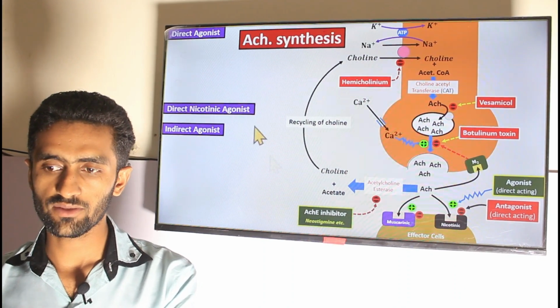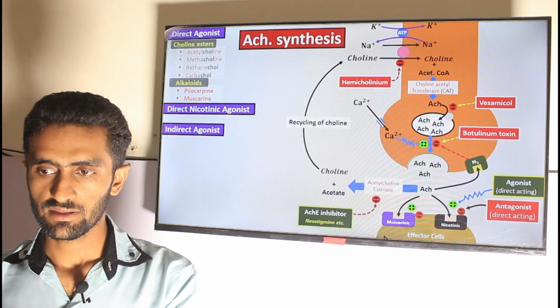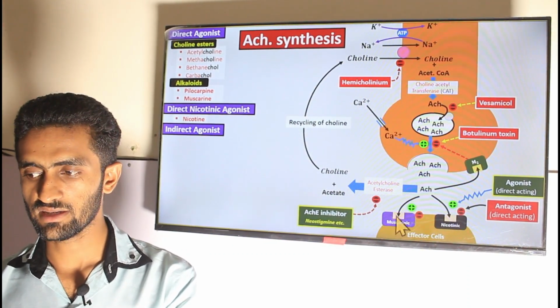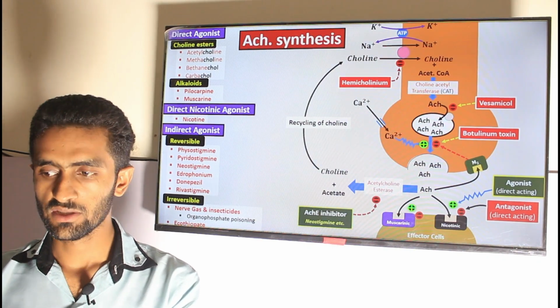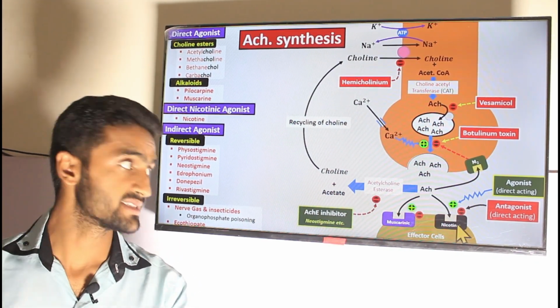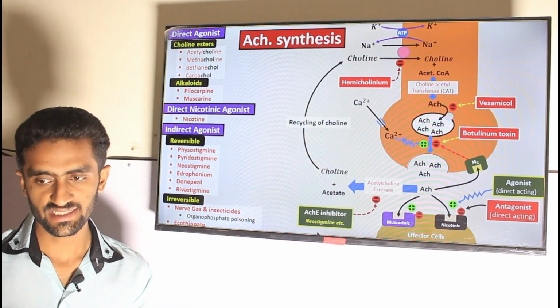So we have direct agonists, muscarinic and nicotinic, and these are choline esters and alkaloids, or nicotine which stimulates the nicotinic receptor. Indirect ones inhibit the breakdown and increase the acetylcholine level. So these are agonists, meaning they increase the activity of acetylcholine.